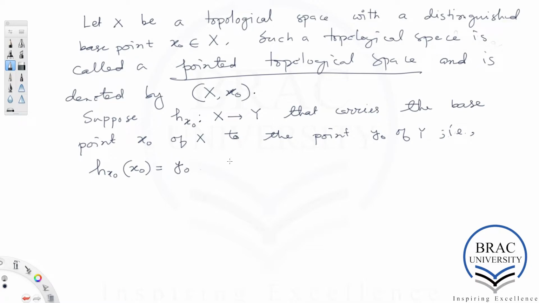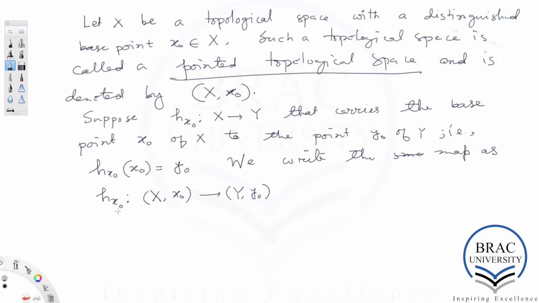We write this map as h sub x0 from (X, x0) to (Y, y0).